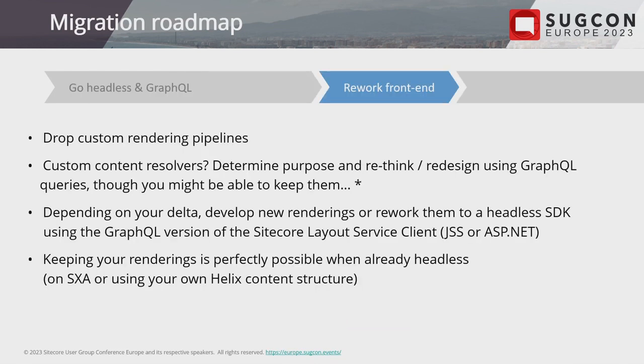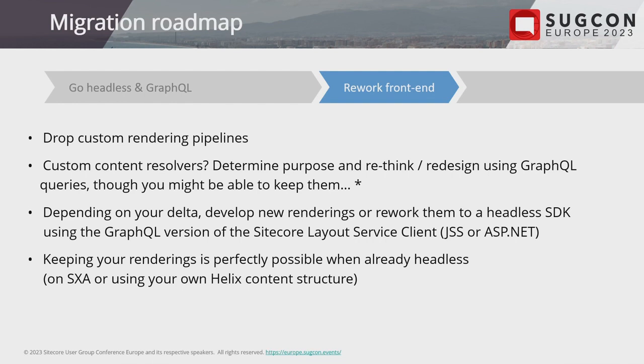Then you're going to rework your front end. You need to drop your custom rendering pipelines, and you need to take a look at your custom content resolvers. And this is a heavy one. I'll have a chapter on that later on. You need to really determine the purpose and rethink or redesign using the GraphQL queries that you have, but you might be able to keep them.